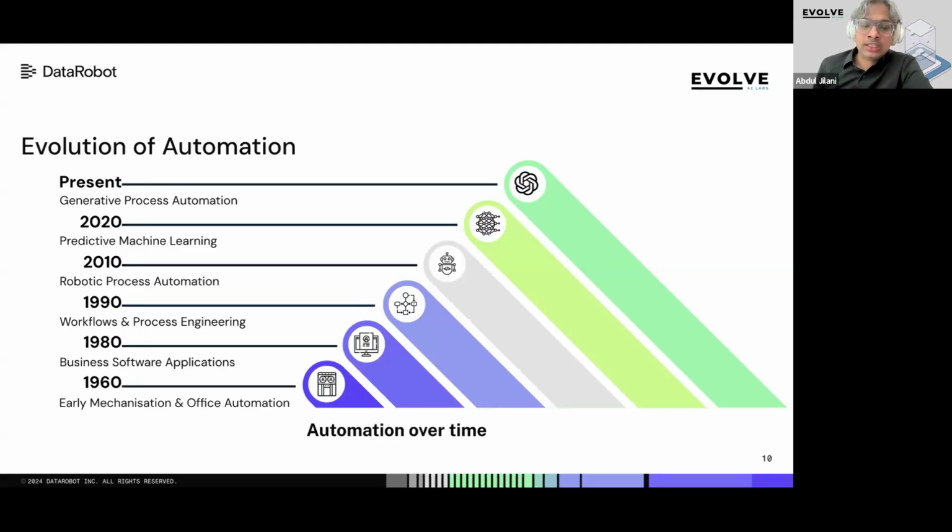Currently, with large language models and models that can do human-level reasoning at some tasks, generative process automation is gaining rapid exposure. So we are using LLMs to take decisions and handle complicated flows.